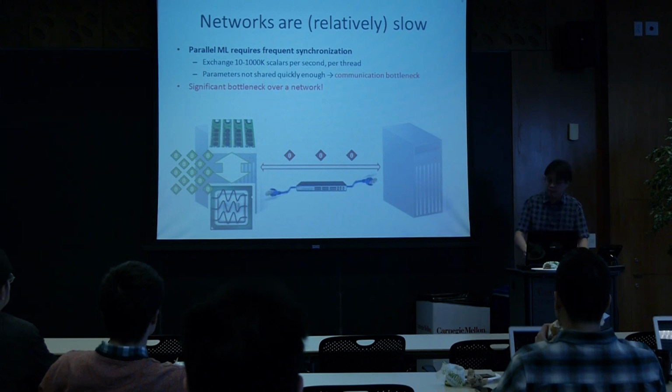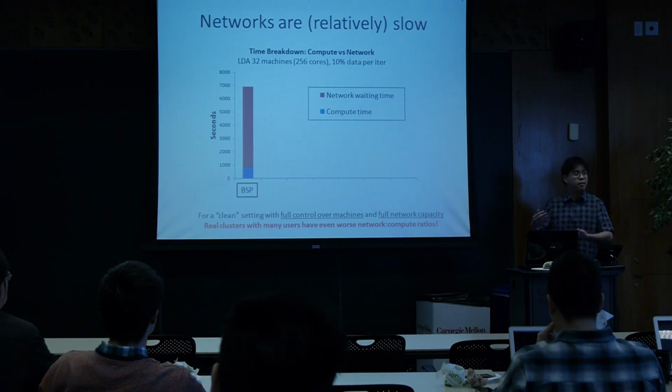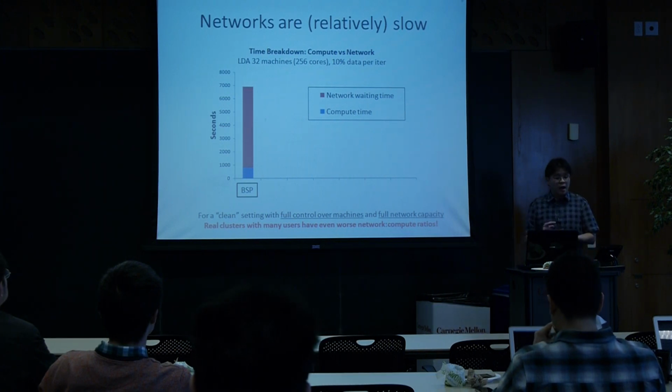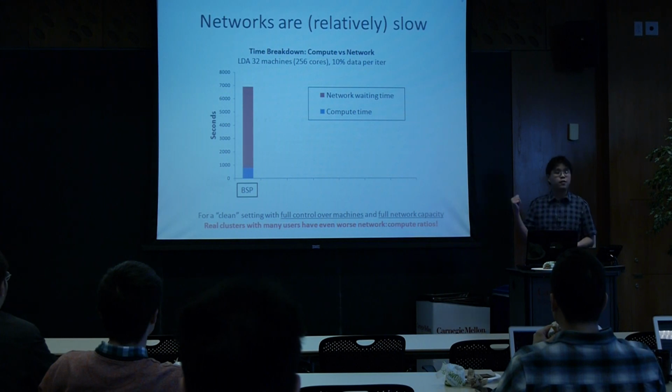How bad can this bottleneck be? We've done experiments where we used a naive parallel system, and if you have 32 machines trying to run a topic model, you'll find that most of the time the machines spend is on waiting for the network.